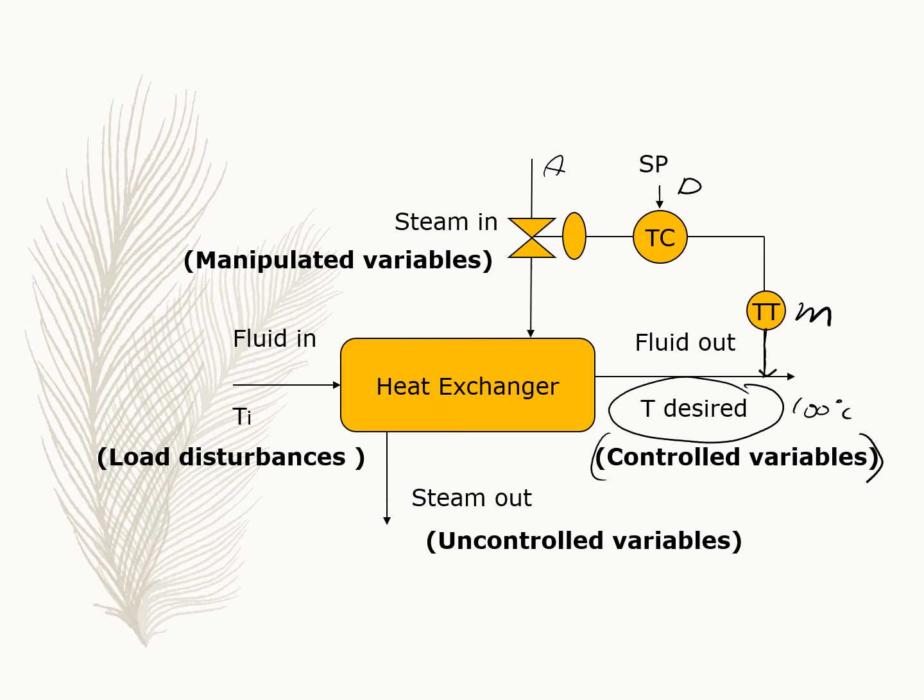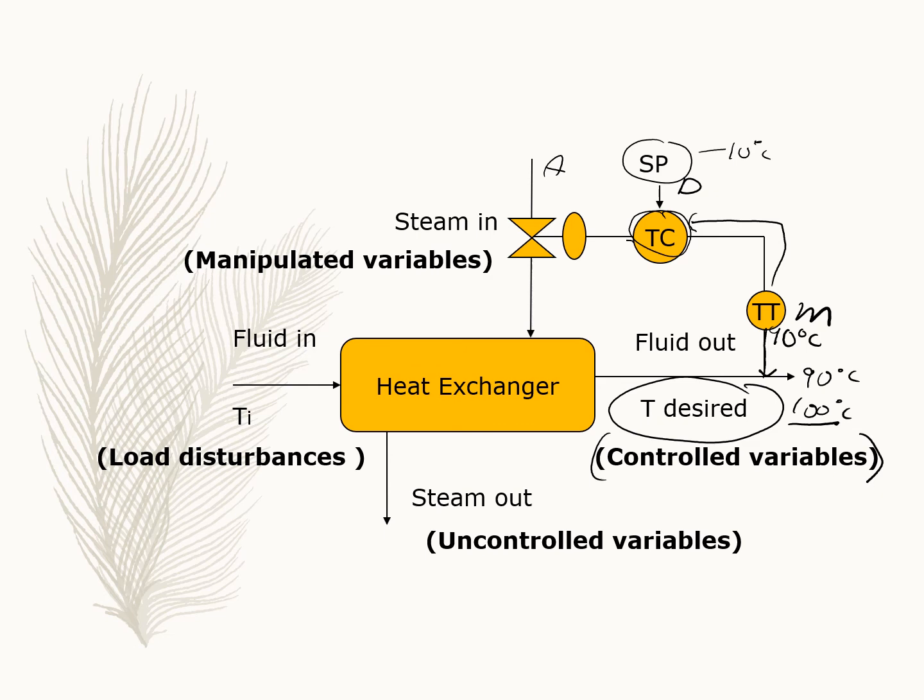So for example, like what I said before, if the temperature going out here is around 90 degrees Celsius, the transmitter will read, oh, the temperature is only 90 degrees Celsius. It will send the information to the controller. Controller compares with the set point. Oh, we need another 10 degrees Celsius to achieve the set point.